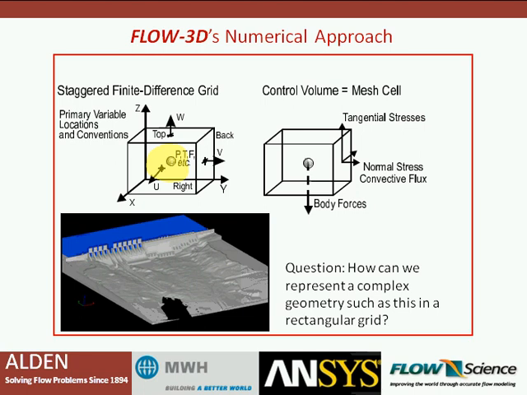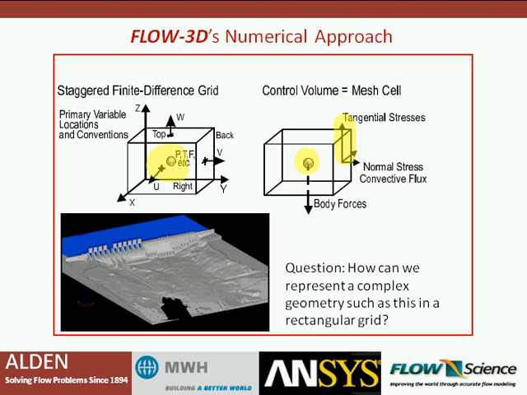And then your velocity components are on cell faces. And with that, we're also using staggered finite difference techniques. So we're taking derivatives across these cell-to-cell locations. And then on top of that, we also apply a control volume approach to ultimately meet continuity. And as you can see here, we also look at tangential stresses on cell surfaces, and body forces are cell-centered quantities.